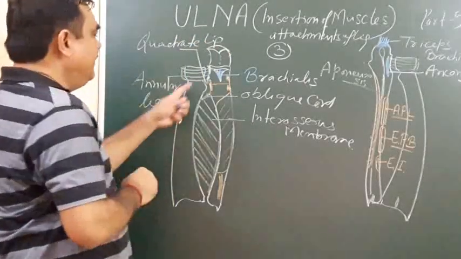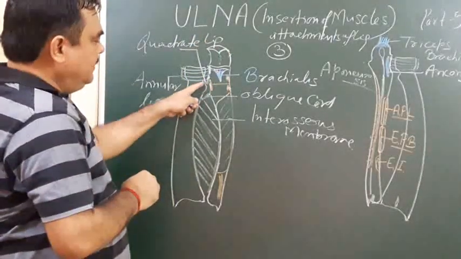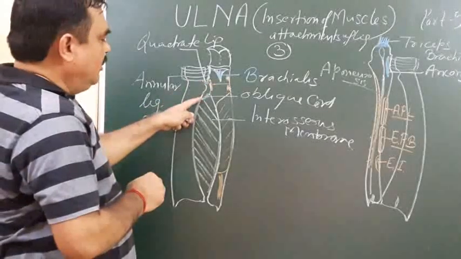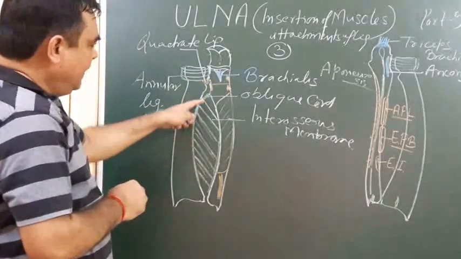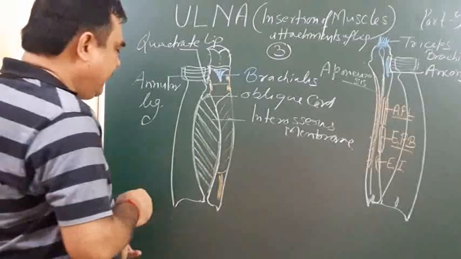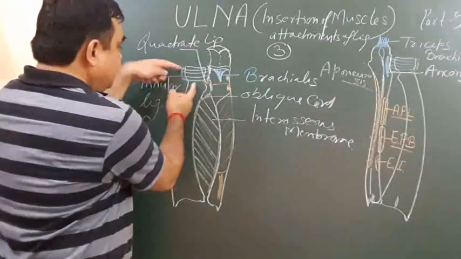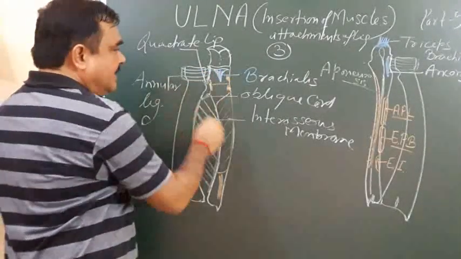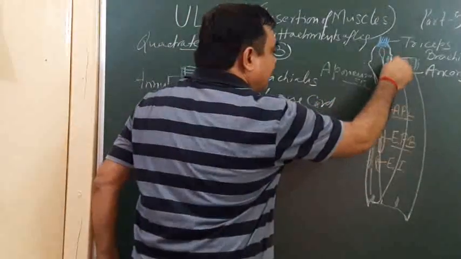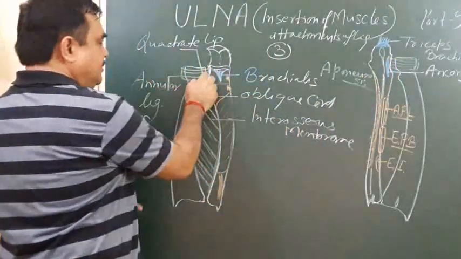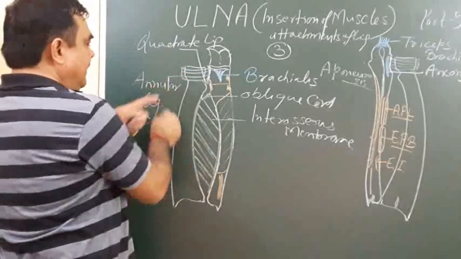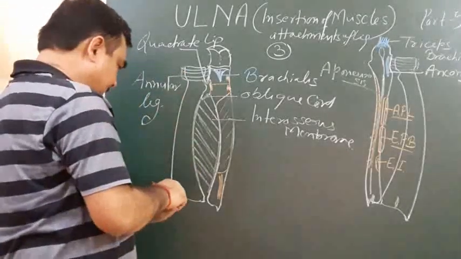This is quadrate ligament above the radial tuberosity, and below the radial tuberosity is the oblique cord, and below this is interosseous membrane. Here is annular ligament attached with the margin of the radial notch. This is annular ligament.